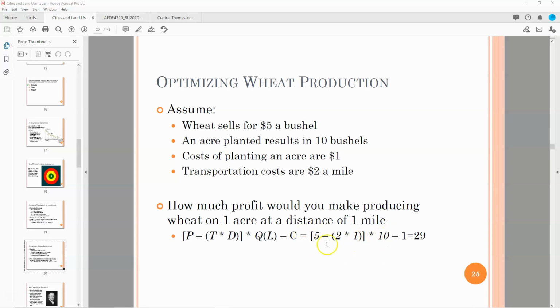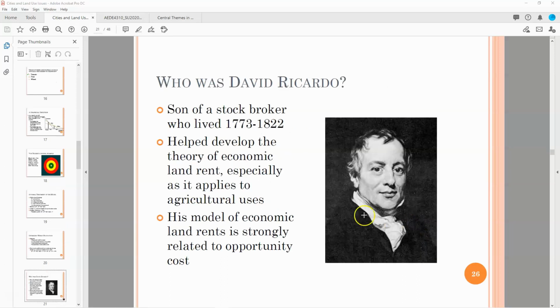Then our total revenue is just equal to 3 times 10 is 30. The cost would be cost of planting an acre at $1. The cost would be equal to 1. Then our total profits is the difference between those two terms, which is 29.